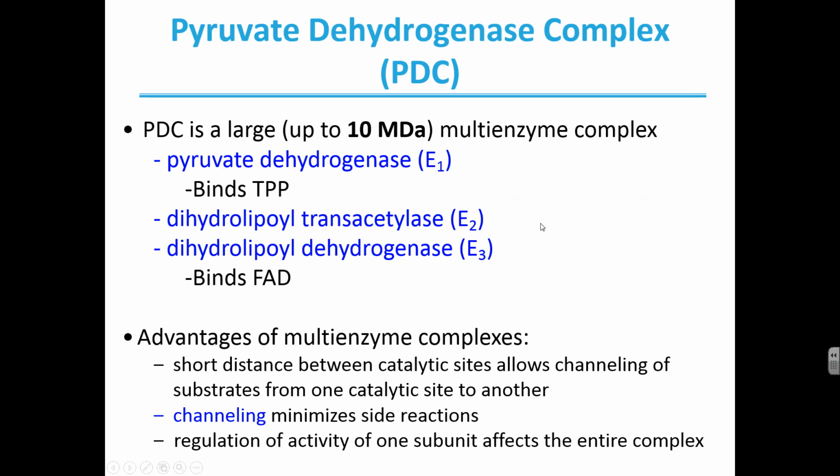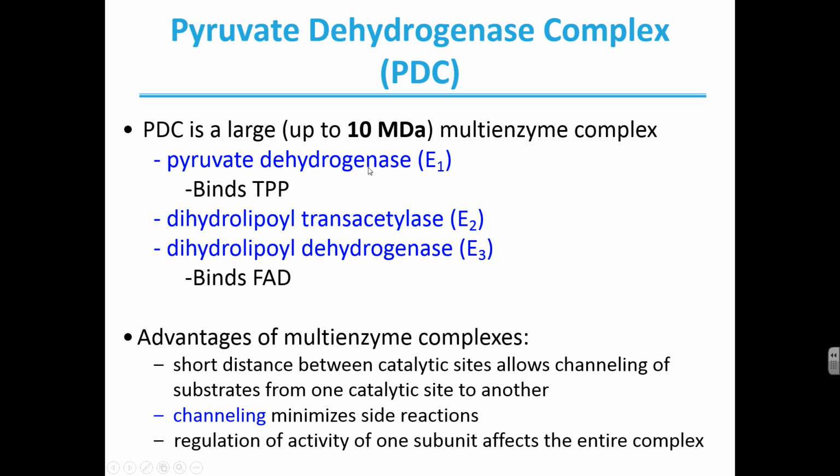With the pyruvate dehydrogenase complex, it's very large. We have the 3 enzymes shown here in blue. So enzyme 1 is pyruvate dehydrogenase. This is going to be the area where our thiamine pyrophosphate, TPP, is bound. From the name, you can see pyruvate is going to be the substrate.